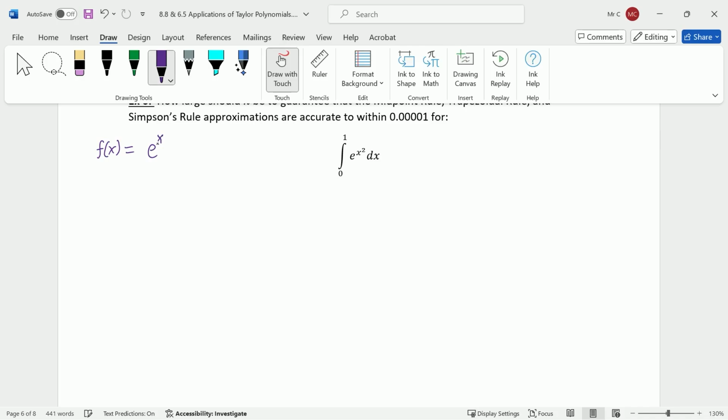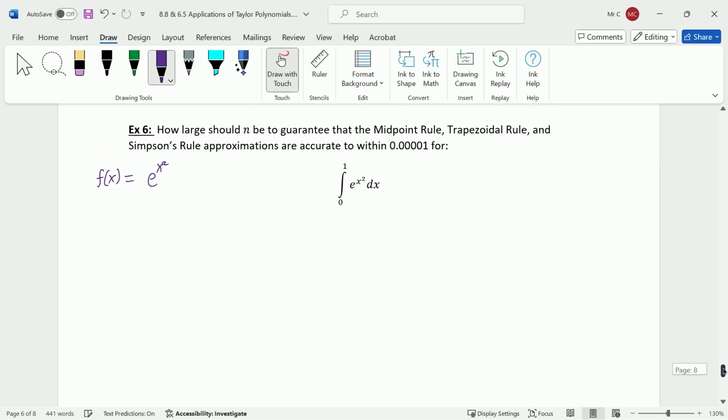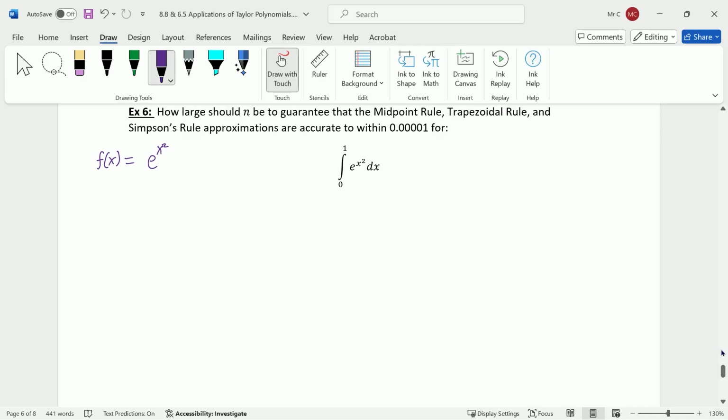So f of x is e to the x squared. In order to approximate Simpson's rule's error, I need the fourth derivative. So I'm just going to go through all of those derivatives first. The first derivative is pretty simple, just a little chain rule. f prime of x is e to the x squared times 2x. And so when I do my second derivative, I have to apply the product rule.